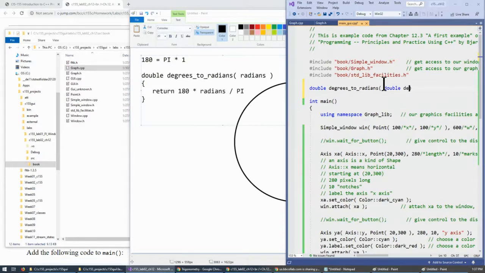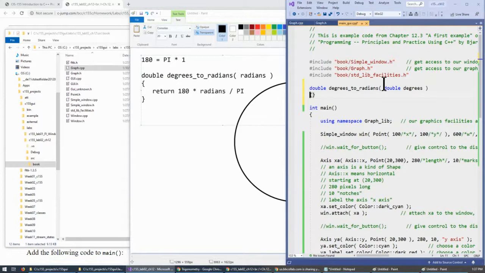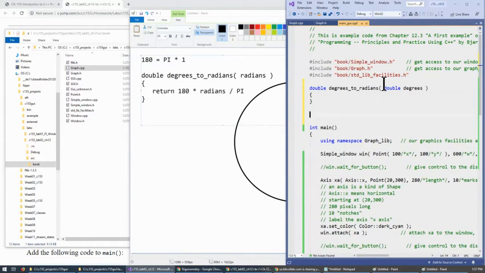Degrees to radians, so this one will take degrees as input. And the second function I need is radians to degrees.